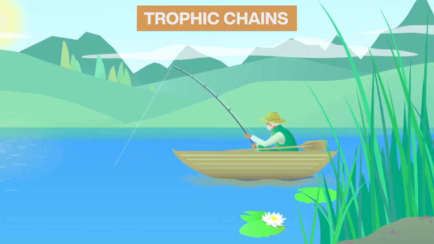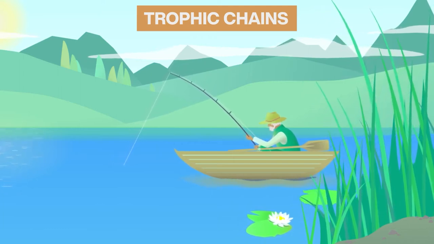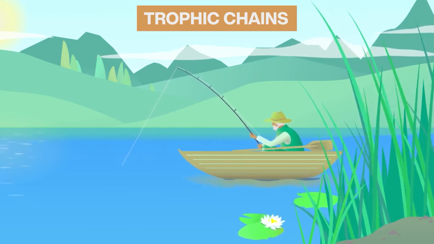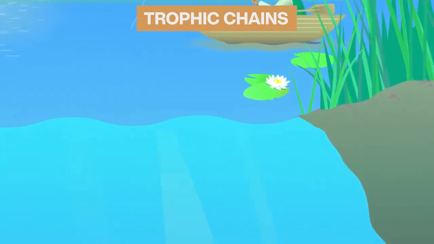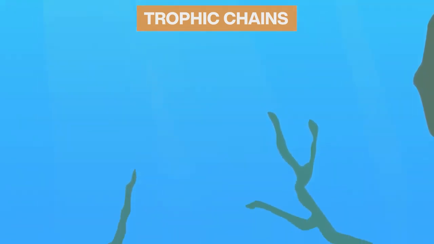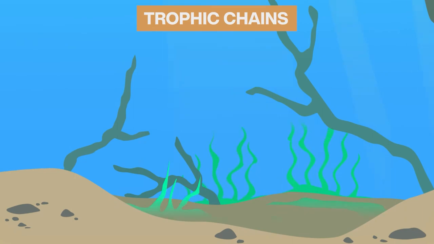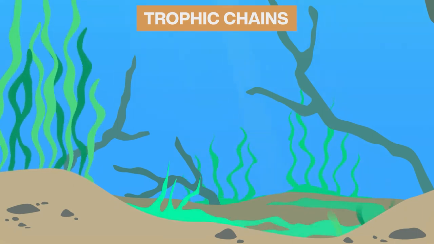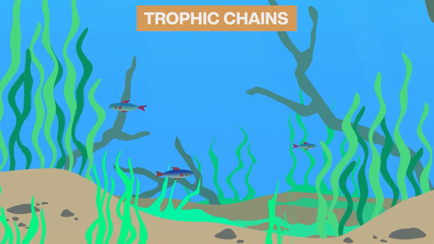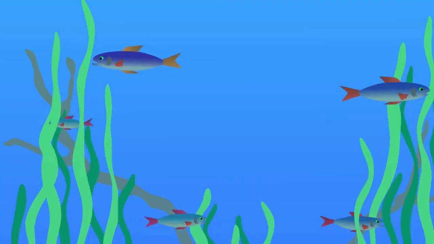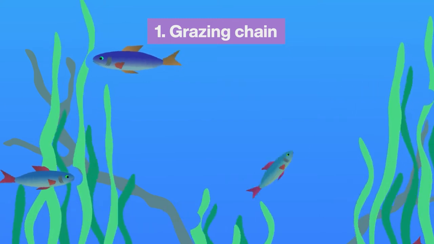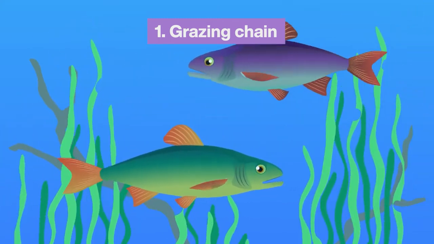However, it should be noted that organisms within a single group may also consume each other, so there are two types of trophic chains. Let's take a grazing trophic chain in the water environment that we are studying. This chain is composed of two types of organisms, plants and animals. Using energy from the sun, plants produce and accumulate their biomass. Then these plants are consumed by a small-sized fish, which is in turn consumed by a larger fish.